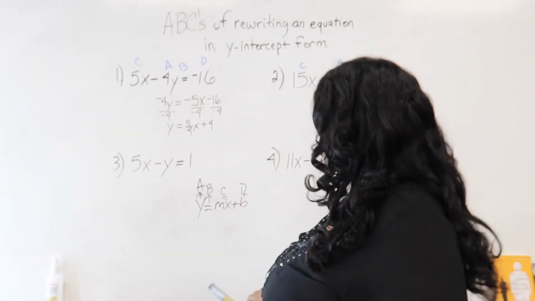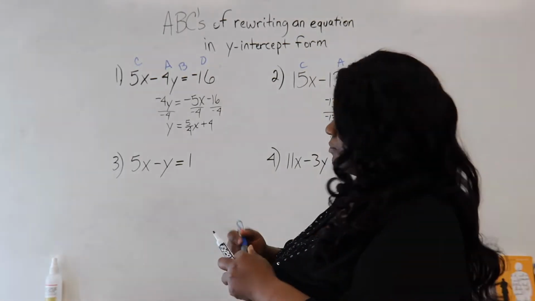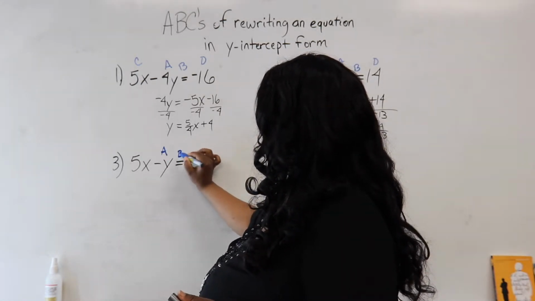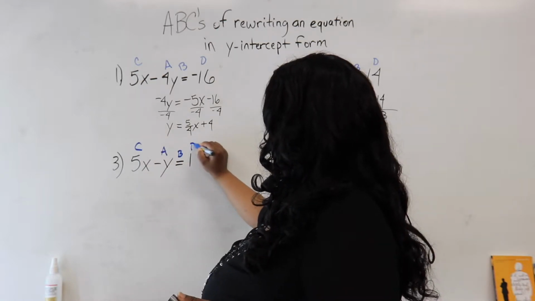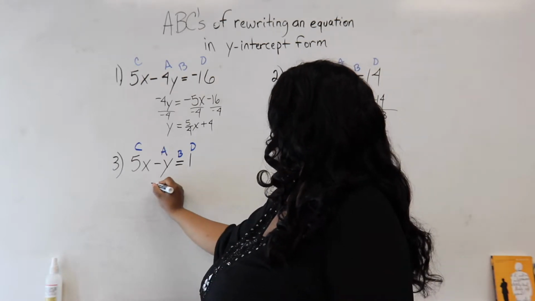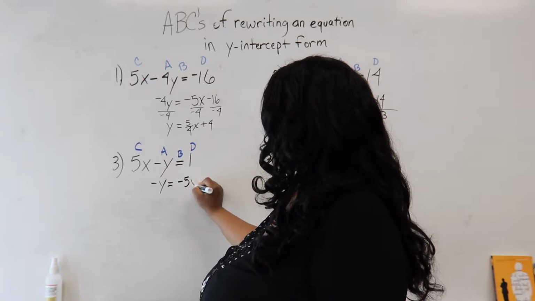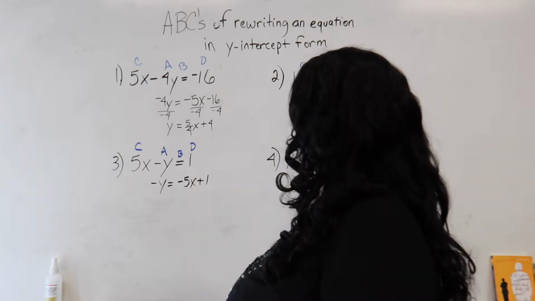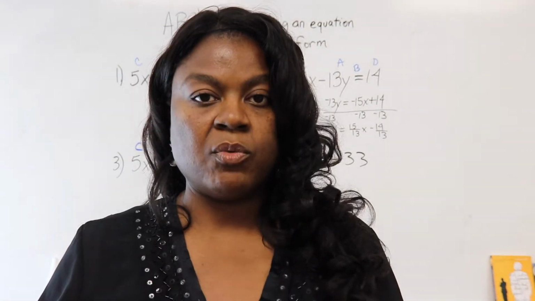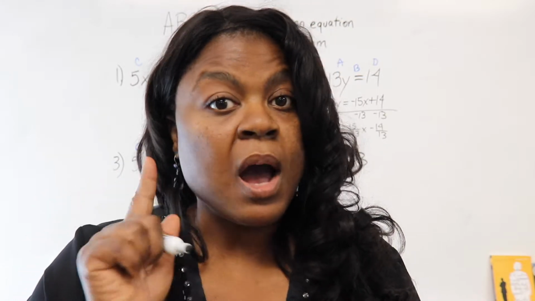Okay, let's get this note out of our way. And let's set it up with our ABCs. There's A, B, C, and D. Let's rewrite it. That's negative y equals negative 5x plus 1. So there's a negative sign in front of that y. That's a negative 1. We want a positive 1 as our y. That's the goal, a positive 1.